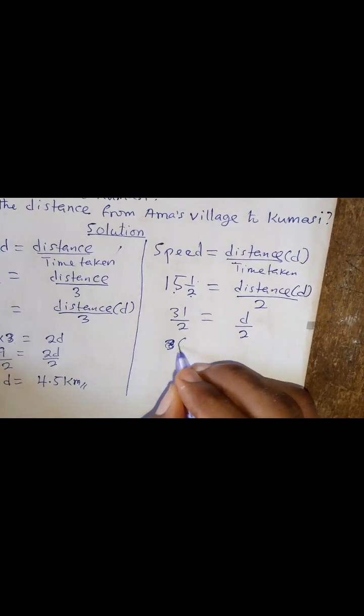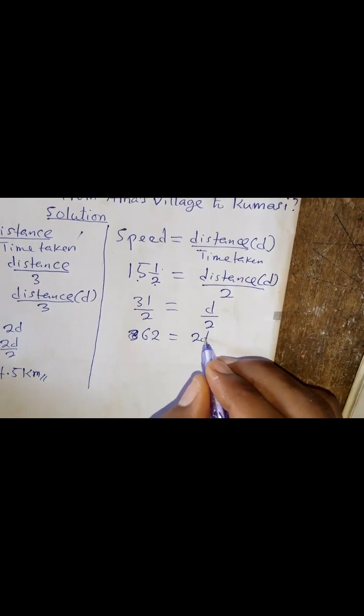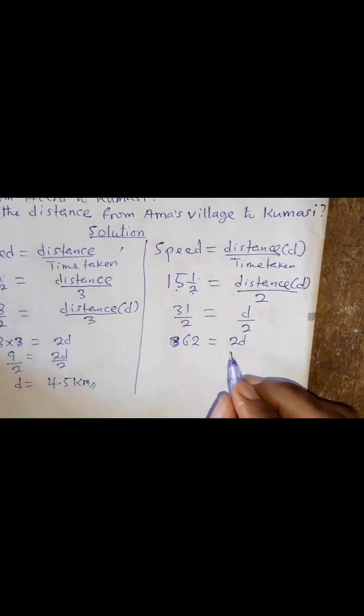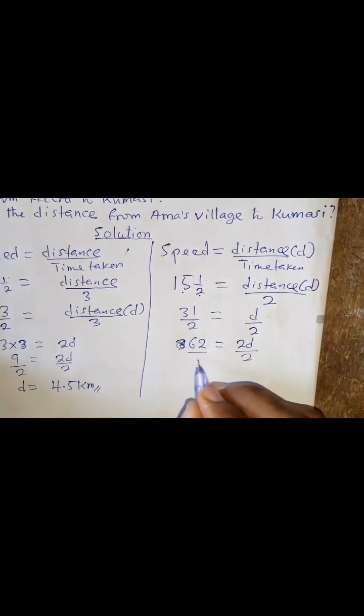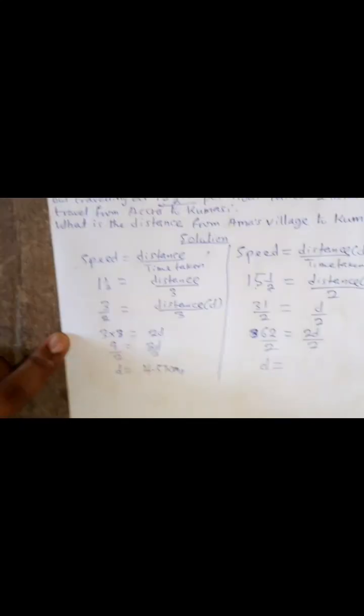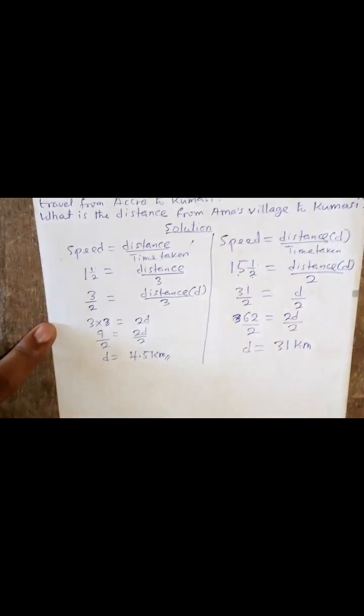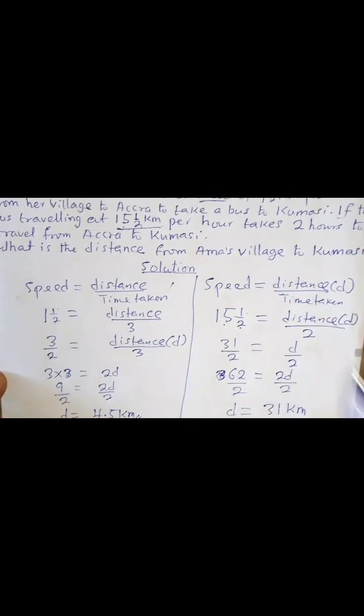So 62 is equal to 2d. I'm looking for d, so divided by 2, divided by 2. So my d is equal to 31 kilometers.